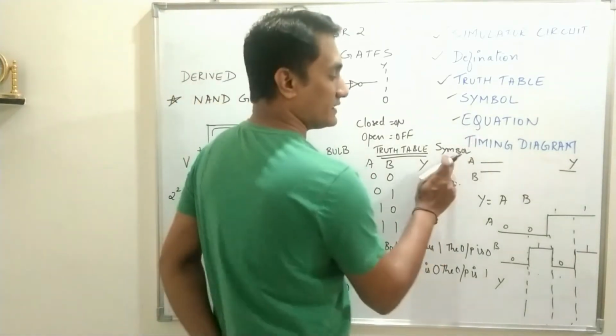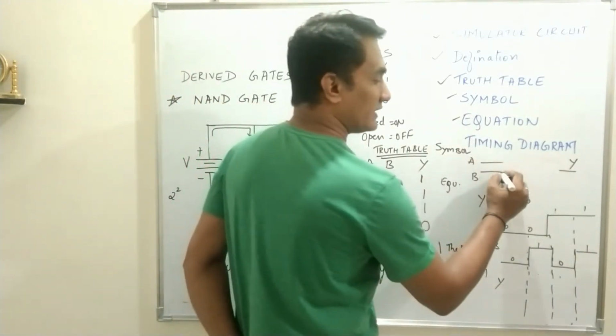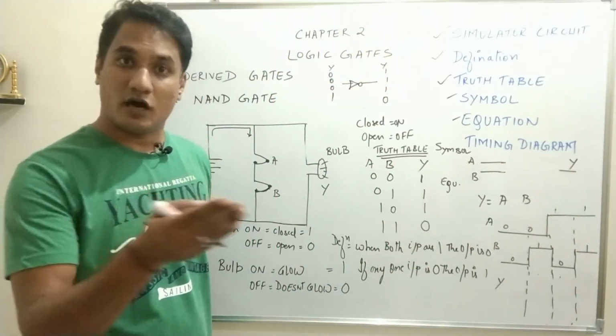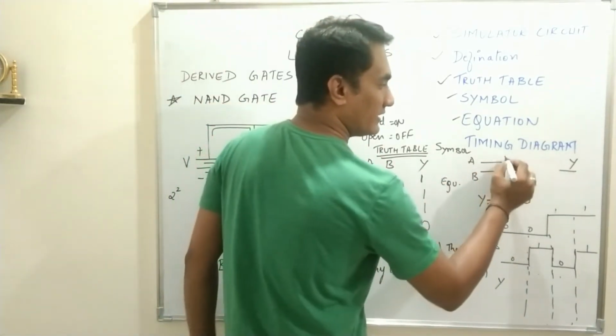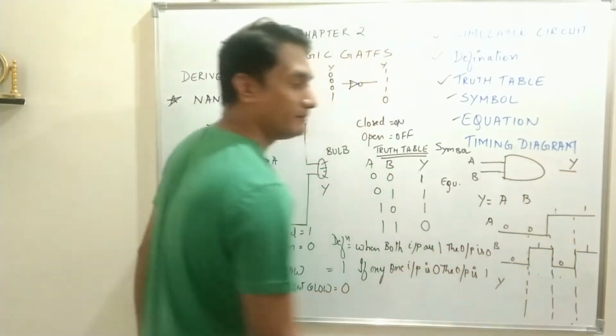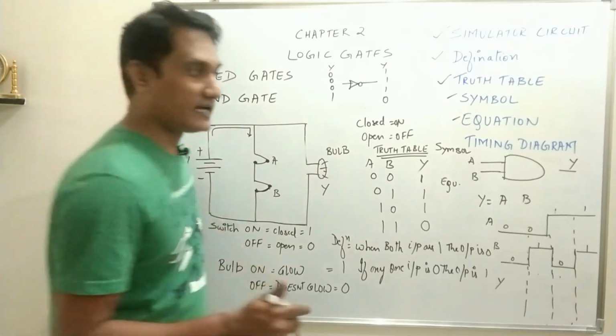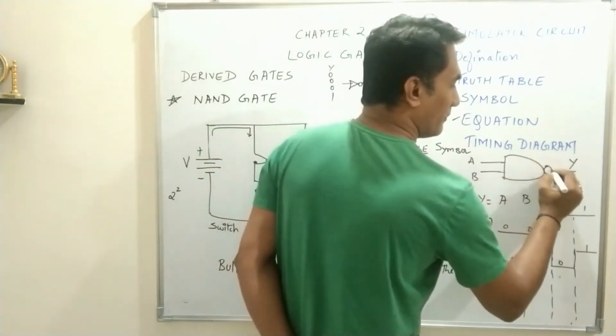Next, the symbolic representation. As I said, how do we define the NAND gate? It is AND followed by NOT. So first you draw the symbolic representation of AND, and then for NOT you write a bubble sign.